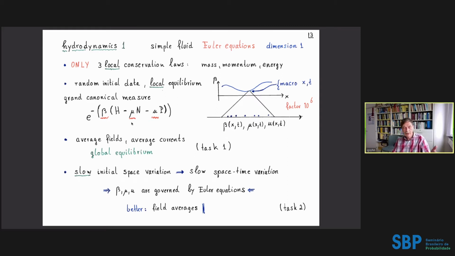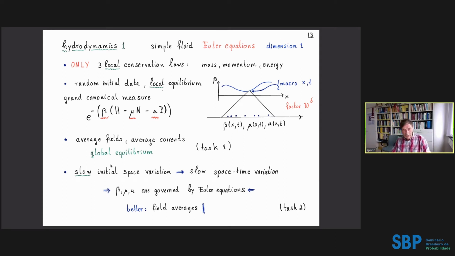The currents, of course, I have not written down, but I will come to this. This is what I call the global equilibrium task one. This is something which you know, and for a one-dimensional fluid it has been done many years ago, and it's a very well understood subject. It's very clear what the answer will be. Since it's not of importance to me, I will not give any answer.